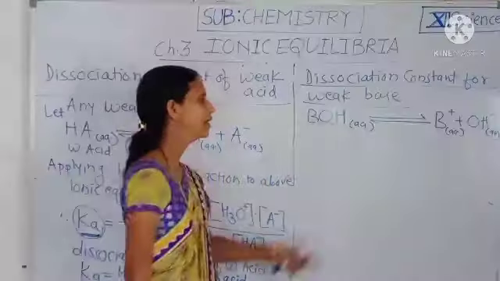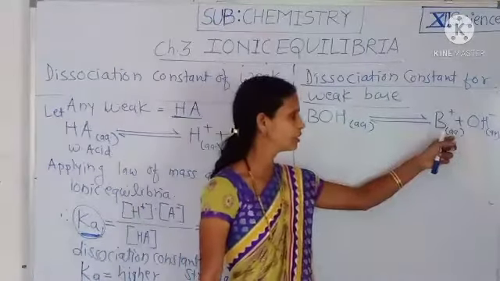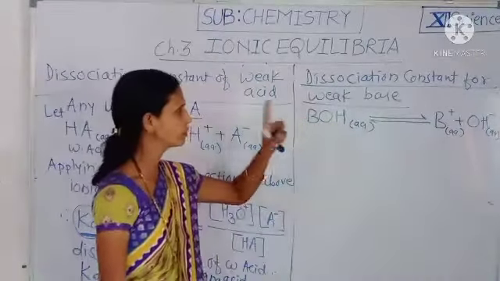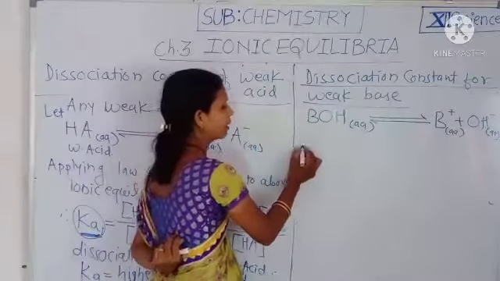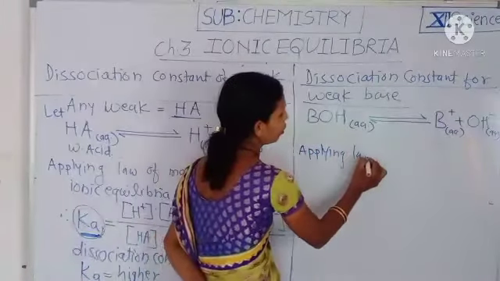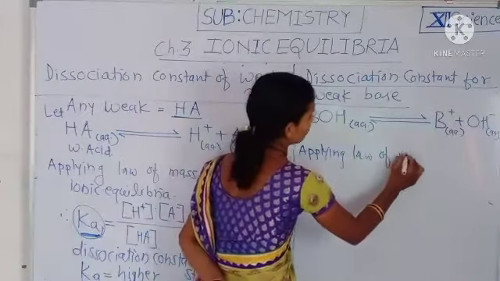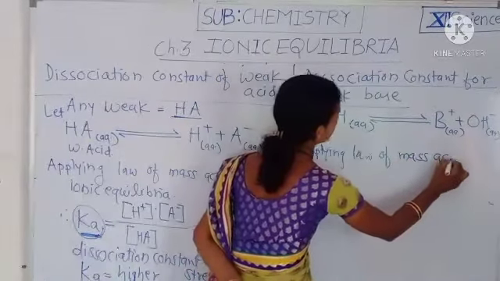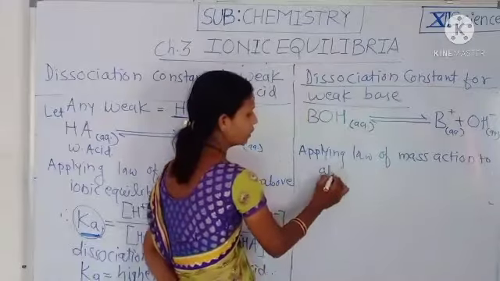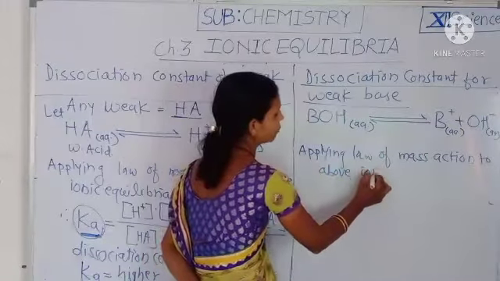And ionic equilibrium is present between the dissociated ions of the base and the unionized molecule of the base. Then apply the law of mass action to the above ionic equilibrium.